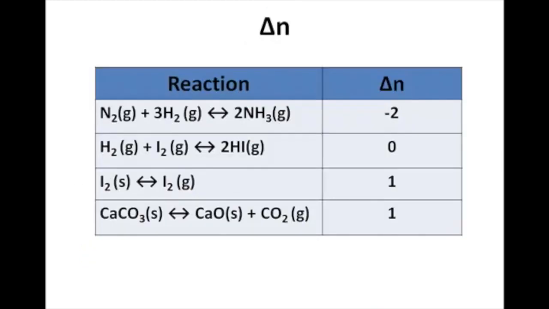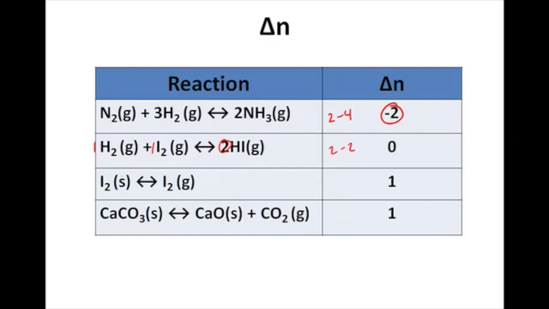Okay, so here we have some practice where we have 2 moles of gas on this side, and we have 4 moles of gas on the other side, and we get -2 because 2 minus 4 gives us that. We have 2 moles on the product side, and we have 2 moles on the reactant side, so therefore 2 minus 2 equals 0.